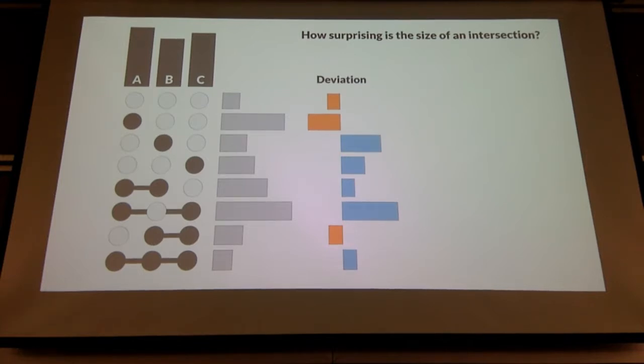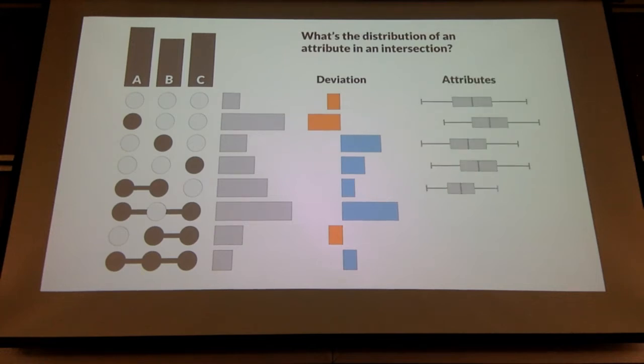And so this is a statistical measure that we use to show how big you would expect a particular intersection to be given the set size and the random distribution of elements in the sets. So that would here mean essentially that the second row is actually fairly big, but it's smaller than expected. I could also ask what is the distribution of an attribute in an intersection. So that could be things like ratings of movies.